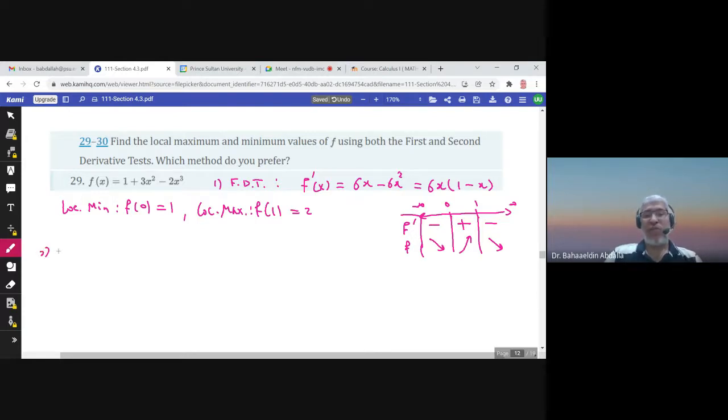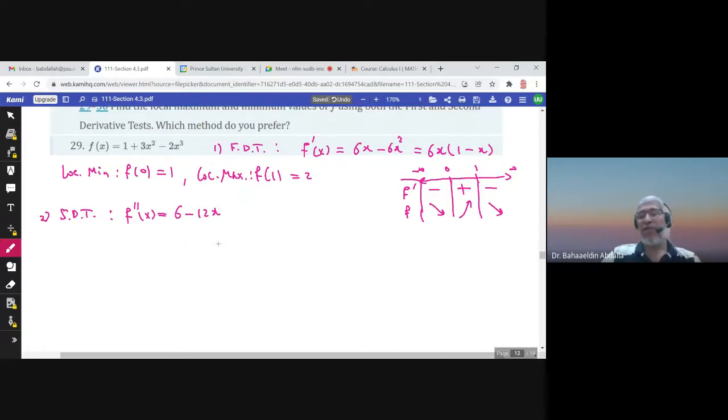Now let us use the second derivative test. To use the second derivative test, I find f double prime. Well, f double prime is 6 minus 12x. And now I have two zeros for f prime, 0 and 1. So I find f double prime of 0. f double prime of 0 is 6, that's greater than 0. So there is a local minimum at x equals 0.